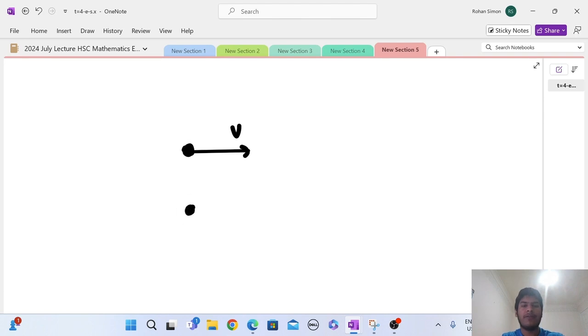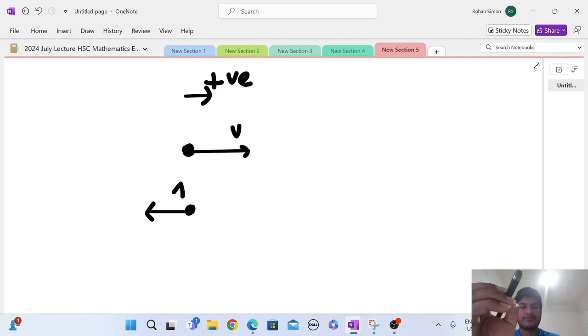And if we look at the net force, the sign convention that I'm going to use is to the right is positive. And therefore we have the force of resistance acting to the left of kv squared.